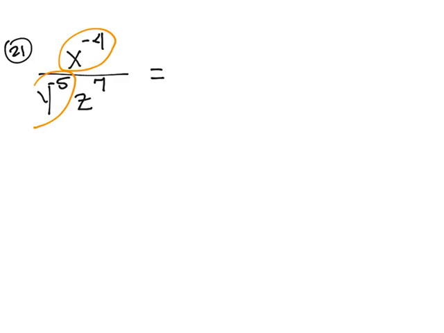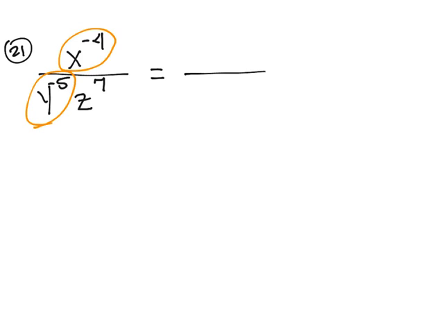21. Simplify by writing the expression with positive exponents. So if you have this expression and your x to the negative fourth is on top, y to the negative fifth is on the bottom with z to the seventh, what must you do to make it positive? Move. Good. We're going to move the one that's negative.